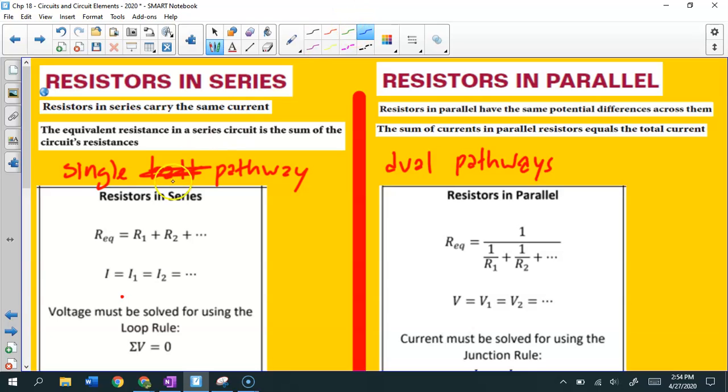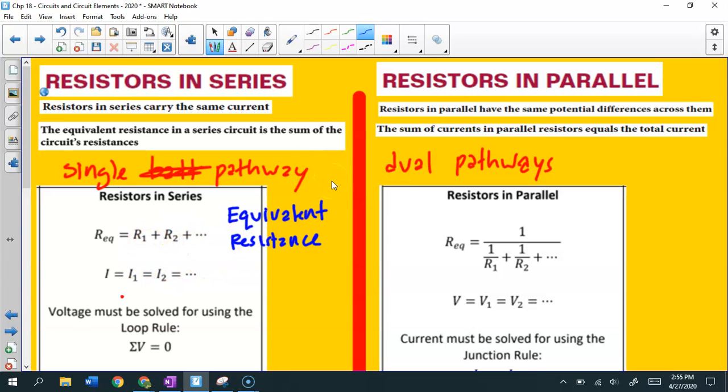Now, what you want to remember is resistors in series, to find what we call the equivalent resistance. All right, REQ is called equivalent resistance. The way that you get equivalent resistance is you have to add up all of the ratings on the resistors. So if one resistor is 10 ohms and the other one is 10 ohms, you add them up and say the equivalent resistance, some people call it total resistance, in that entire circuit is going to be 20 ohms, like that.